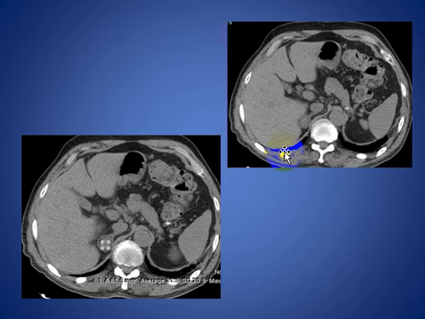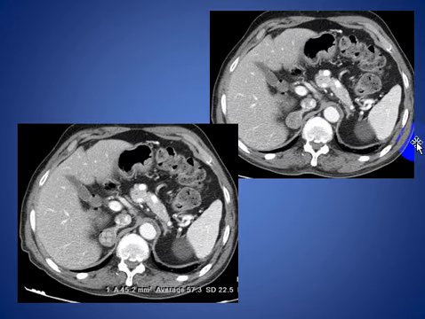Here, this is a mass lesion on the right adrenal gland with an average density of about 31. After enhancement, the average density is about 57.